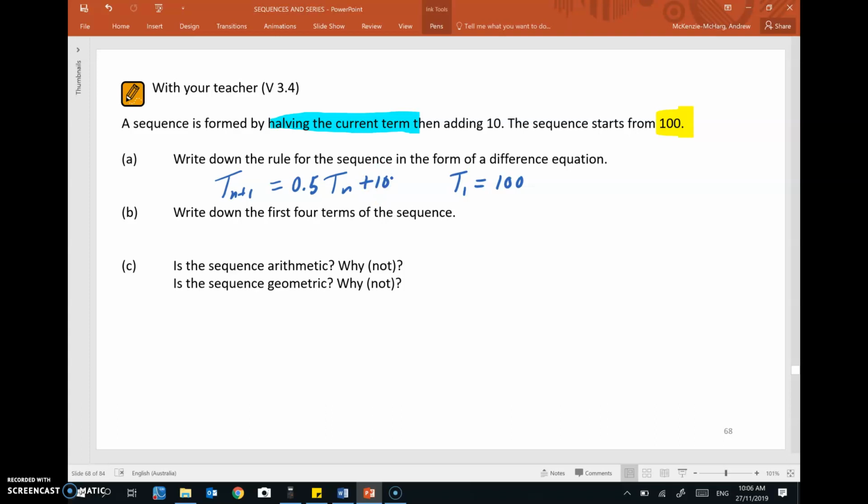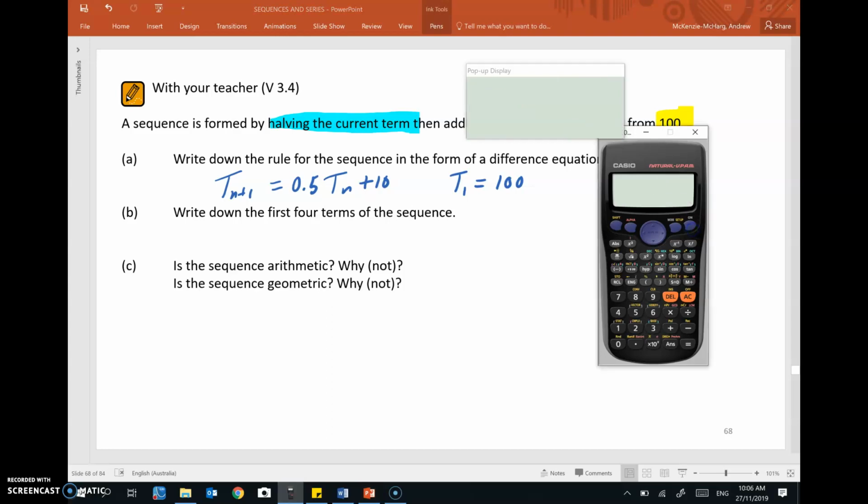The first 4 terms of this sequence. Okay, so to get this, we're going to start with 100, and then we multiply that by 0.5 and add 10, and that means the next term of the sequence is 60.